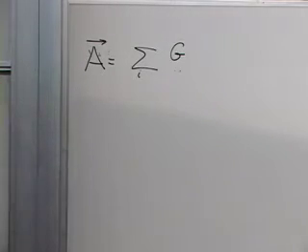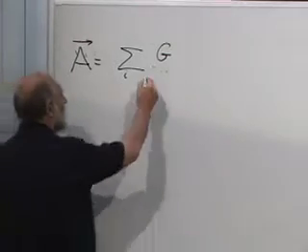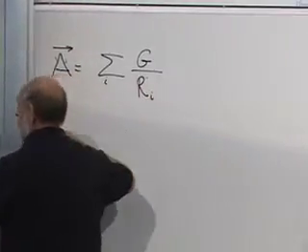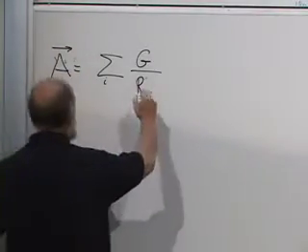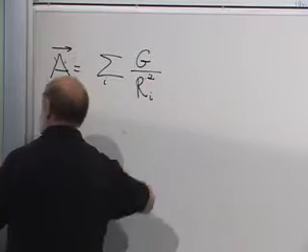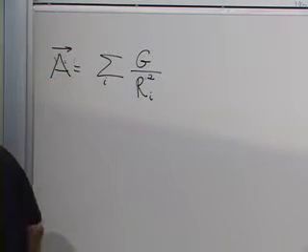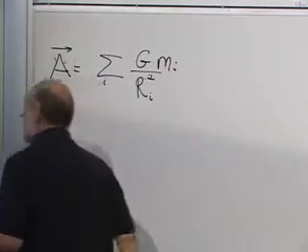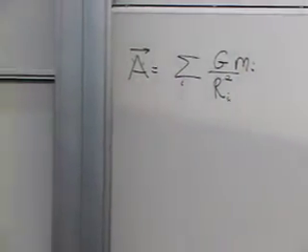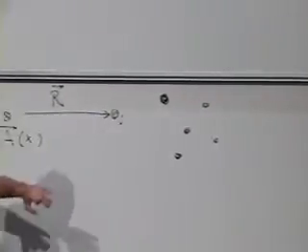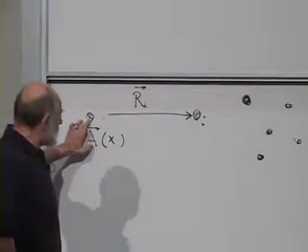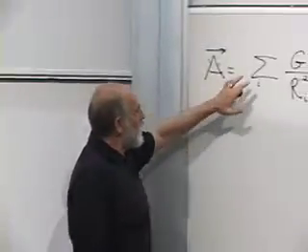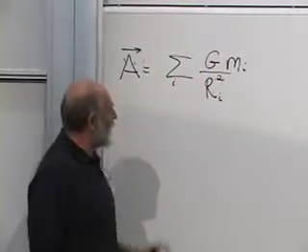It depends on the distance from the test mass, that's r sub I, from r sub I squared. And what else? It depends on the mass of the ith particle. Each particle has a mass. The acceleration on this particle due to the ith particle is proportional to the mass. It's proportional to G, and it's divided by r sub I squared.